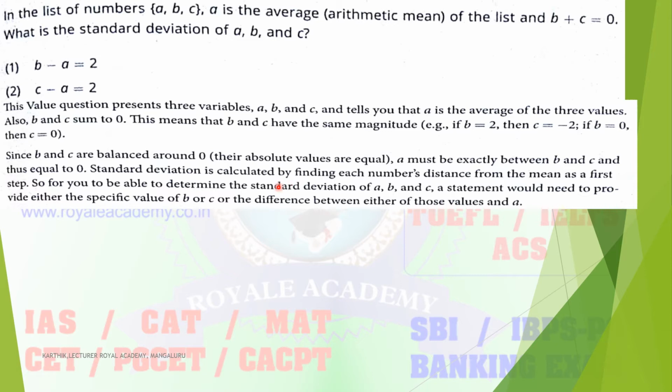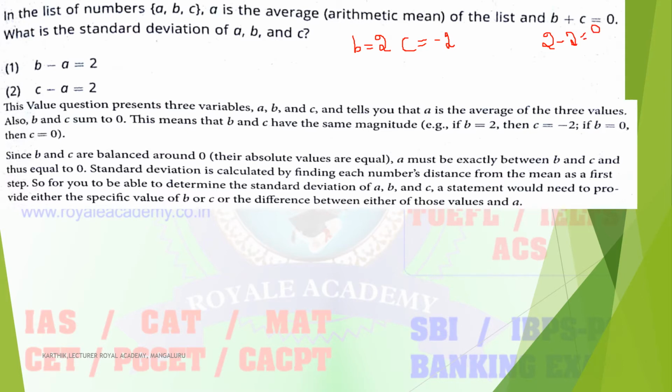So I will take B equal to 2 and C equal to minus 2. Then 2 minus 2 is equal to 0, which satisfies the condition.